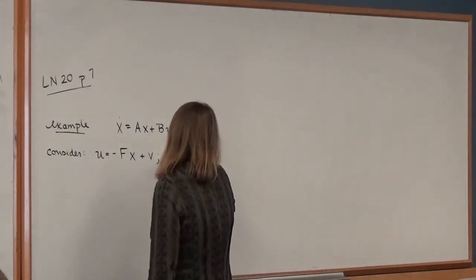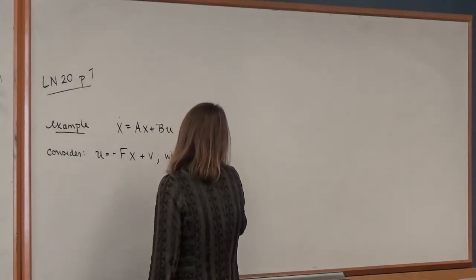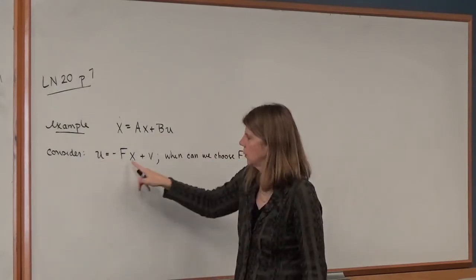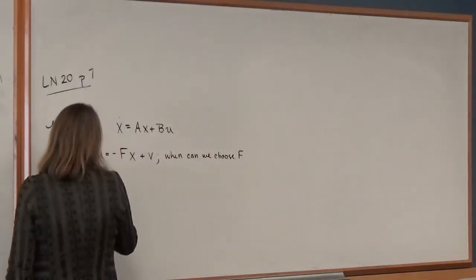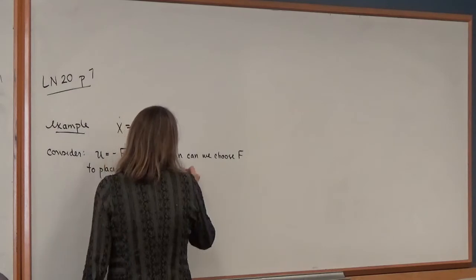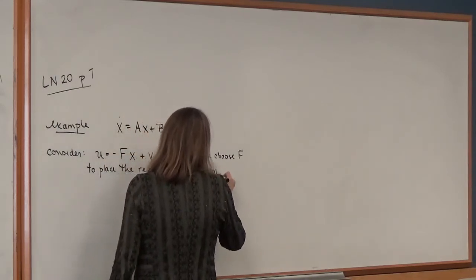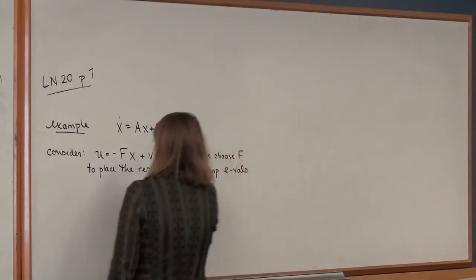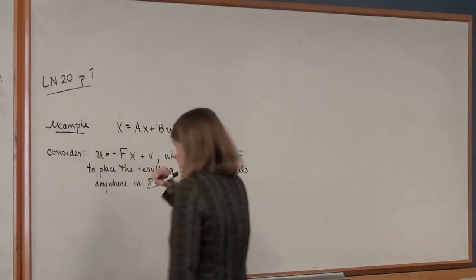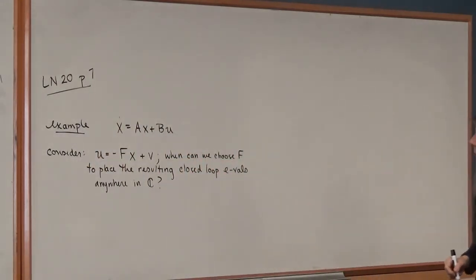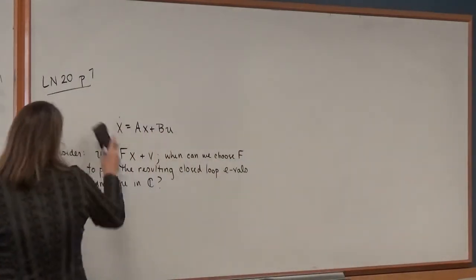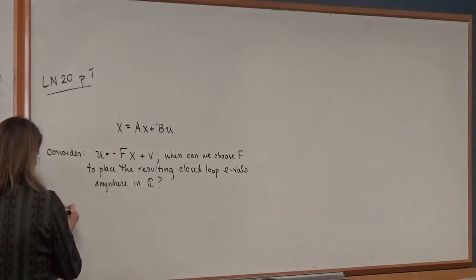And the question is, under what conditions can we choose F, the matrix F, because in general we know that u and x are vectors, to place the resulting closed loop eigenvalues, or modes, anywhere in the complex plane? And that's our general question. Now we'll look at this through an example.